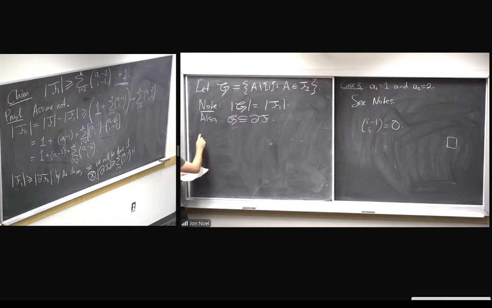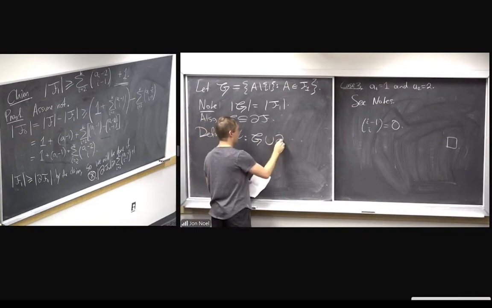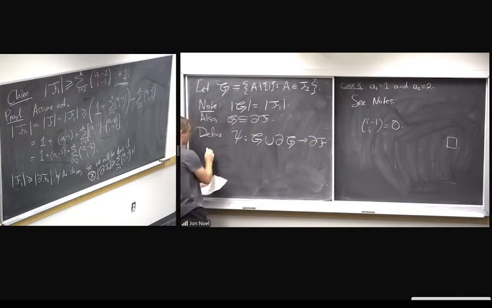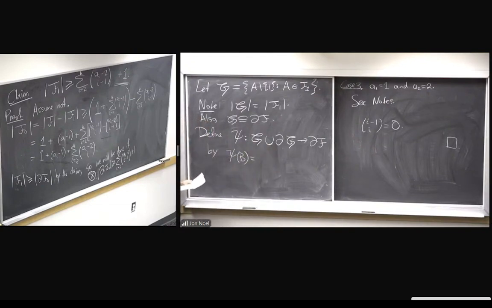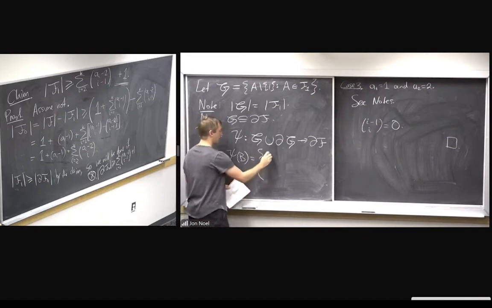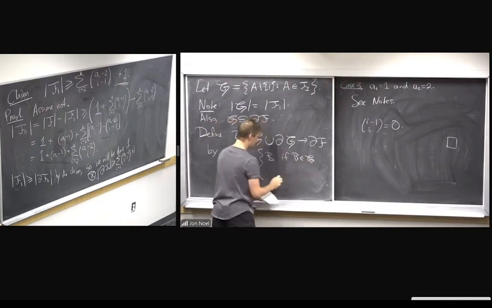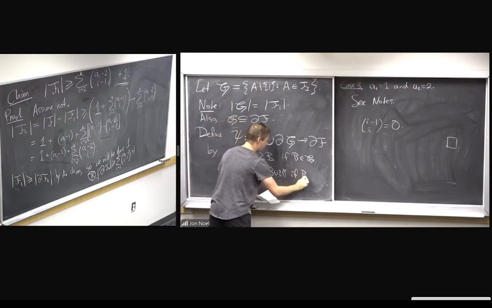So now I'm going to define a function psi from G union the shadow of G to the shadow of F. If I take a set B in the domain, psi of B is either B, if B is in G, or we take B union 1 if B is in the shadow of G.